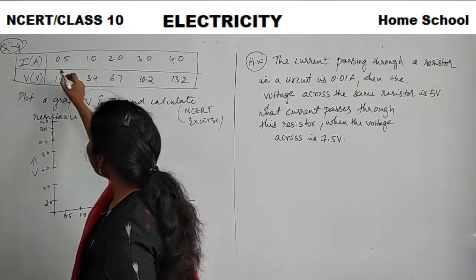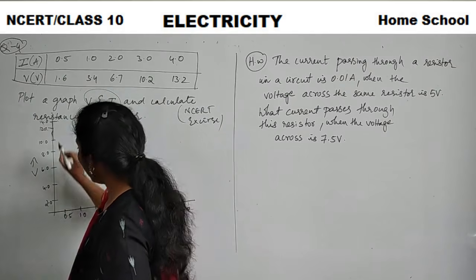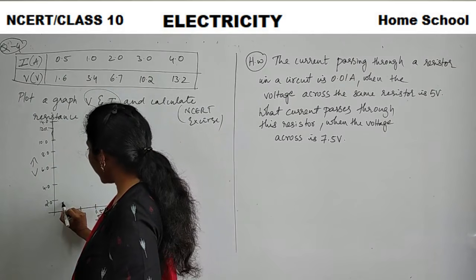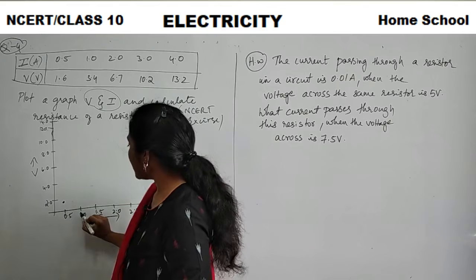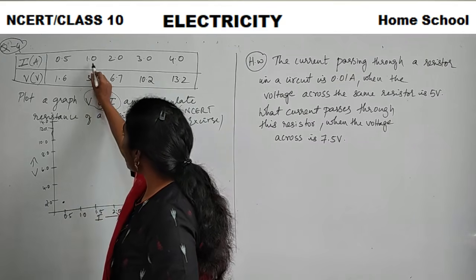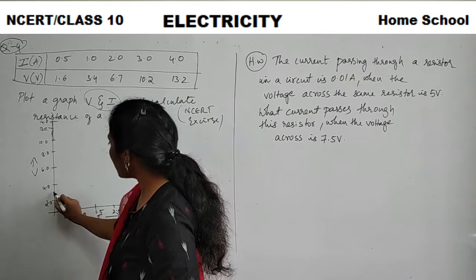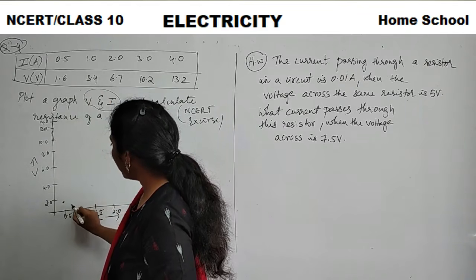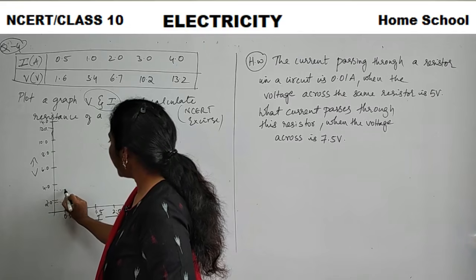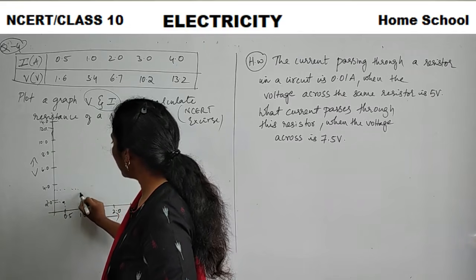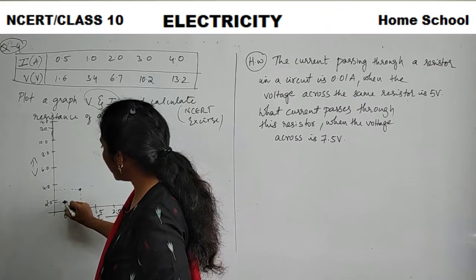Okay, so what is our I? 0.5. So when I is 0.5, what is V? 1.6, right? So somewhere here you get a point. And now the second, when I is 1.0, V is 3.4, right? So somewhere here. So this is our second point.